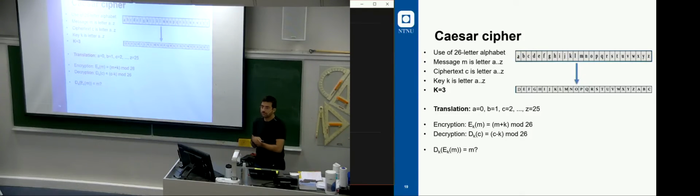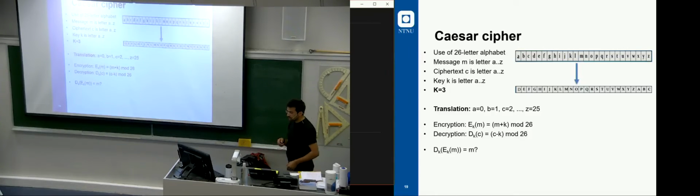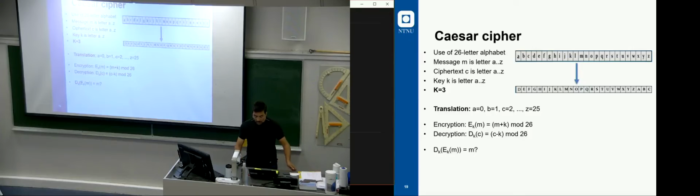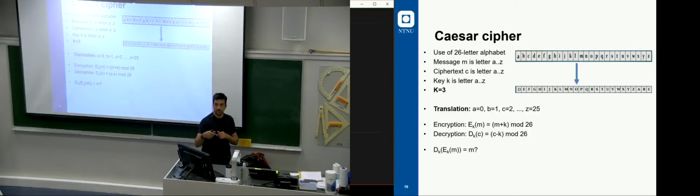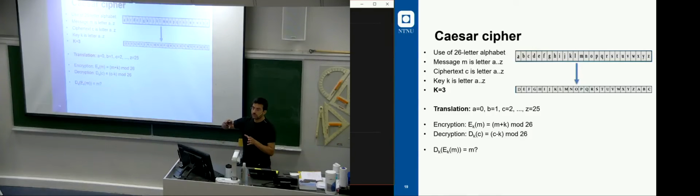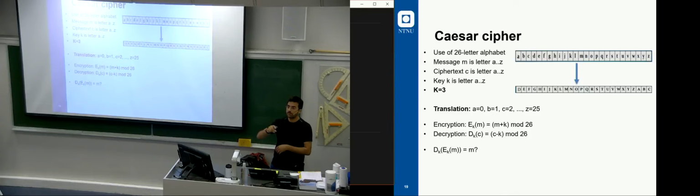D. Simply he used that for the encryption. And M plus K, that is mod 26. Why mod 26? Because we have 26 letters, and as we did in the previous example with time, if somehow we reach the end, it will come back to the first position after 26.